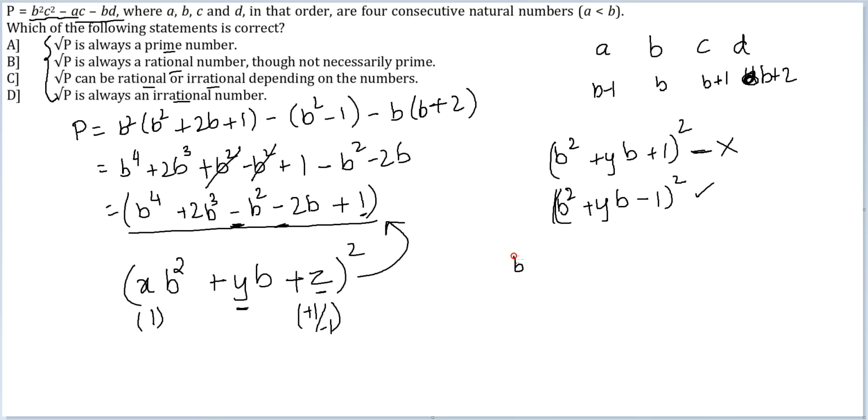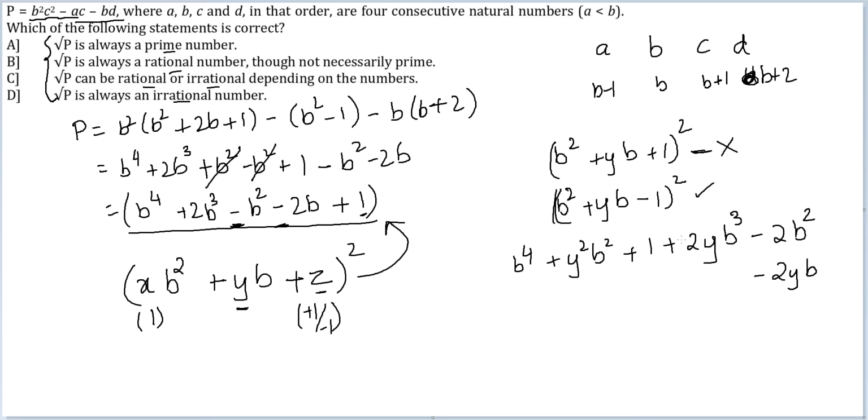What we would then get is b raised to the power 4 plus y square b square plus 1 plus 2yb cube minus 2b square, then I would get minus 2yb.